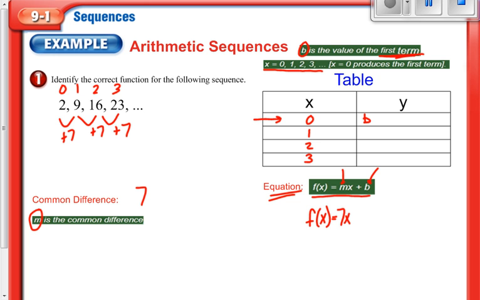When x is 0, this is basically your table here, guys. So I'm just going to input it over here. When x is 0, y is 2. When x is 1, we get 9. When x is 2, 16. When x is 3, 23. So we've filled in our table. Again, when x is 0, you get your b term, which is 2.